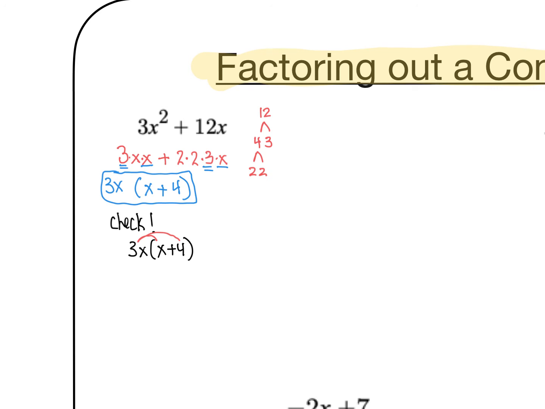So let's try that. 3x times x is 3x squared, and 3x times 4 is going to give me 12x. Since these are the same, I know that this is correct. And we like when that matches.